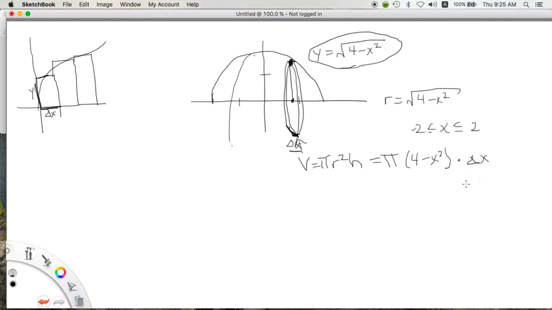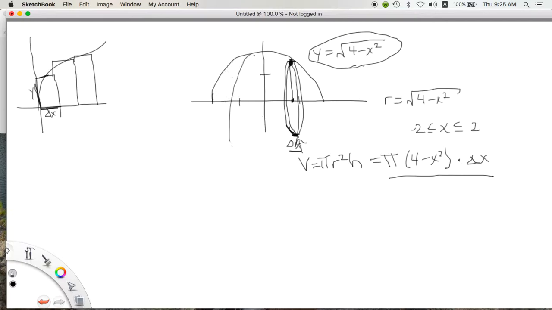So what we can do is add up all these different volumes and end up with the volume of the sphere. If we add up from -2 to 2 all the little slices that we make using this formula, then we will be able to get the volume of a sphere.